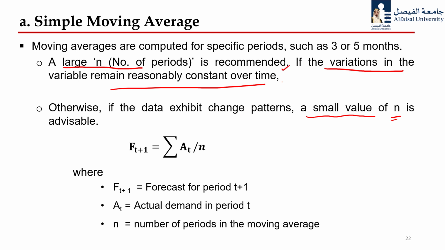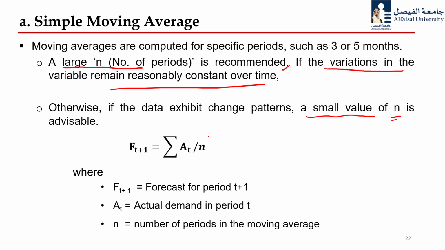Whereas if it is a constant variation over time, then the larger number is going to be a better method, and it is going to give us lesser overall forecast variation compared to using a smaller number of data points or time periods to calculate the average.